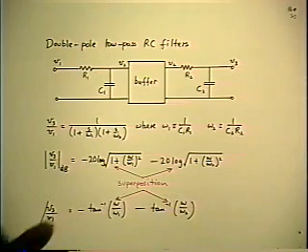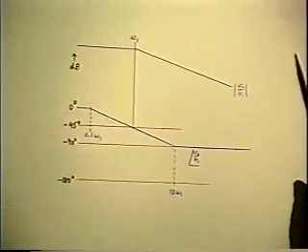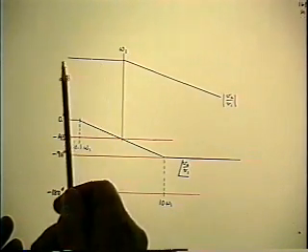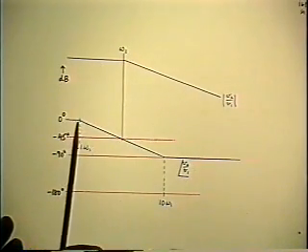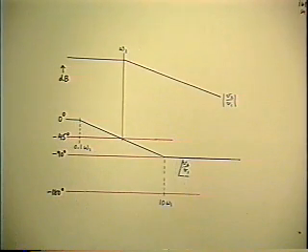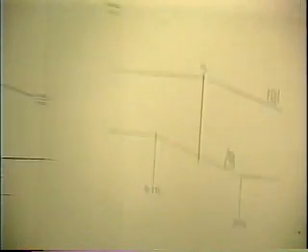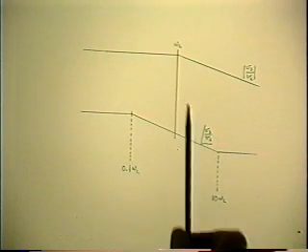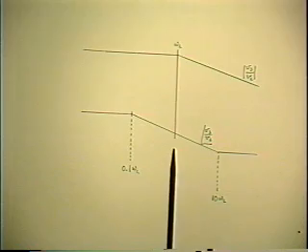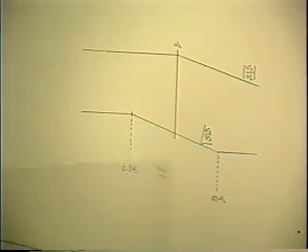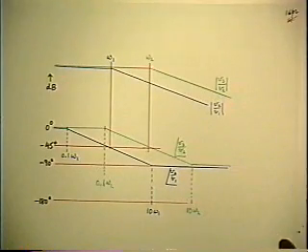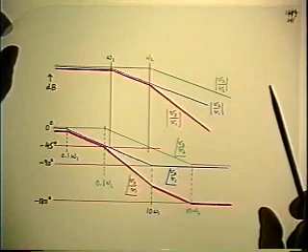As an example, suppose the first of those networks is this single pole function with a corner at omega 1, magnitude asymptote, phase asymptote is minus 45 per decade. Here's the second network. Exactly the same function, but a different corner frequency, omega 2. But if you want to find the overall transfer function of the two together, simple superposition applies, and the combination of the two looks like that.